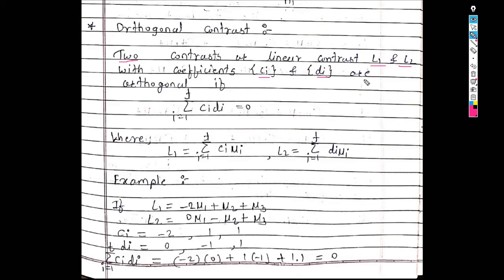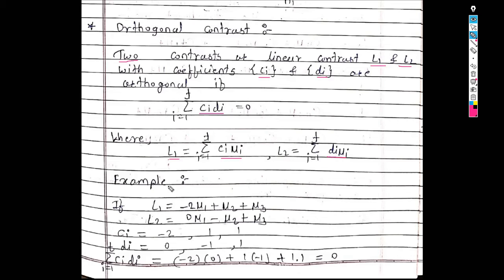Then we say that these two linear contrasts are orthogonal if summation i varies from 1 to t, ci into di equals 0. So two contrasts are orthogonal if the sum of the products of the coefficients is 0. Here L1 is summation i varies from 1 to t, ci into mu i, and L2 is another linear contrast, that is, summation over i, di into mu i.